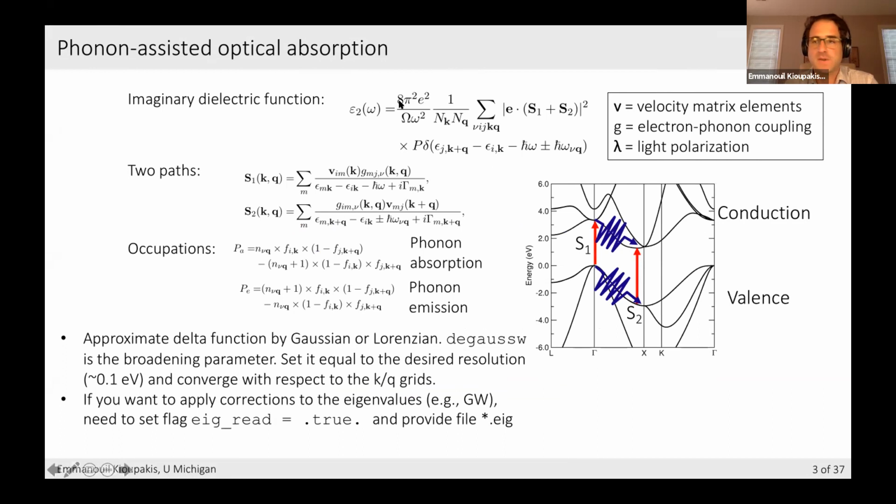Constant prefactors, 8 pi squared, e squared, the volume of the unit cell, photon frequencies, and then a sum over bands, initial and final states, an energy-conserving delta function, and the matrix elements. For the generalized matrix elements S1 and S2, the ingredients are the velocity matrix elements that describe the optics, the electron-phonon matrix elements g that describe electron-phonon scattering, and again, the energies of your electrons and holes in the material.